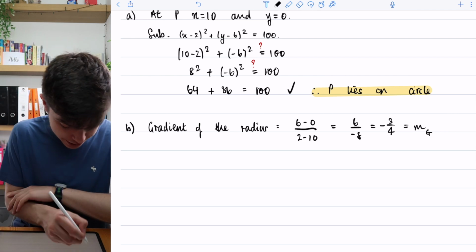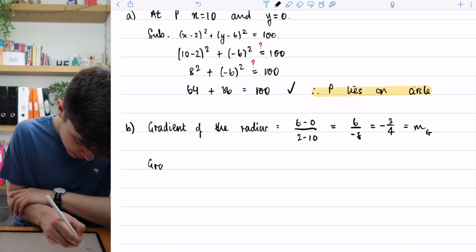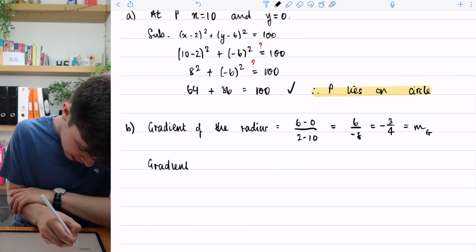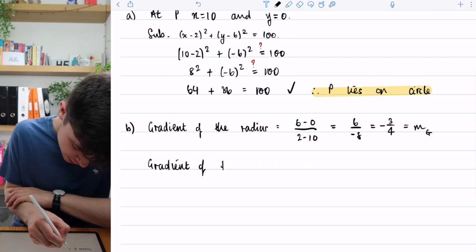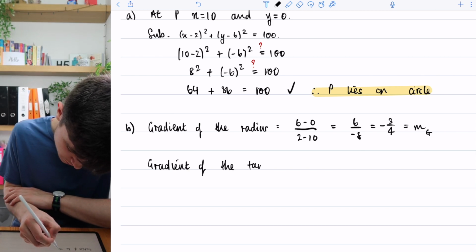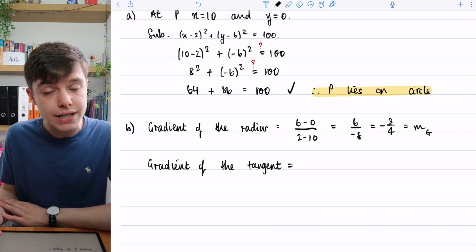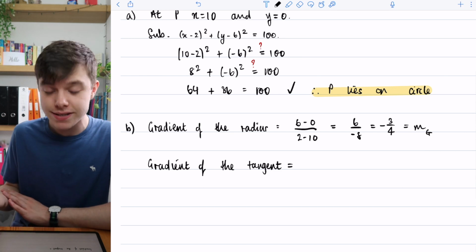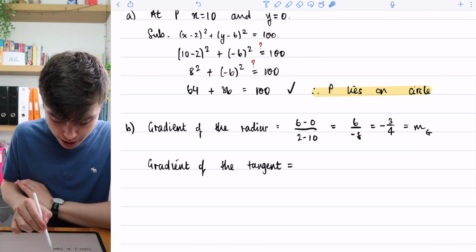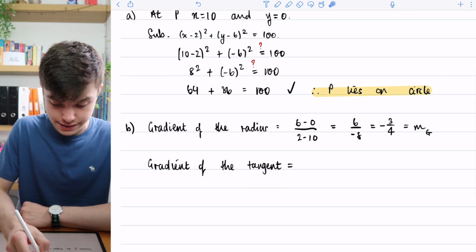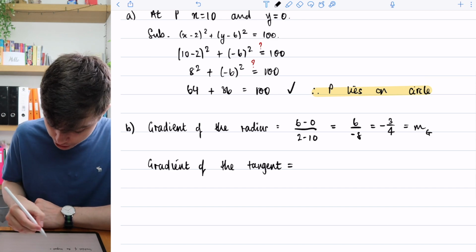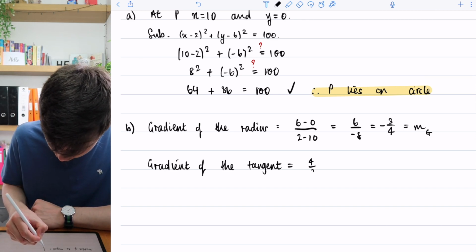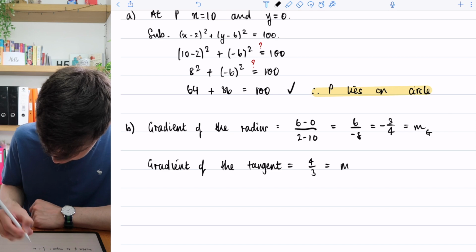To find the gradient of the tangent, we just take the negative reciprocal of the gradient of the radius, because the radius and the tangent meet at a right angle. So that will be 4/3, and we'll call that m.